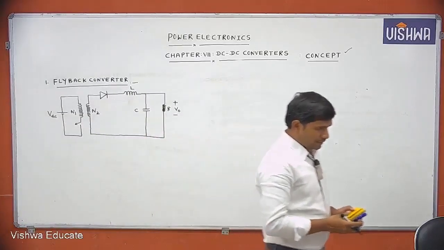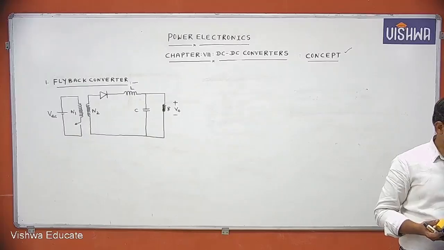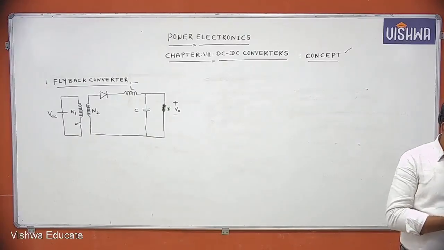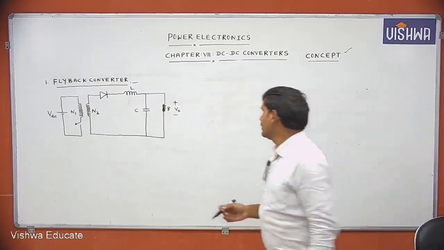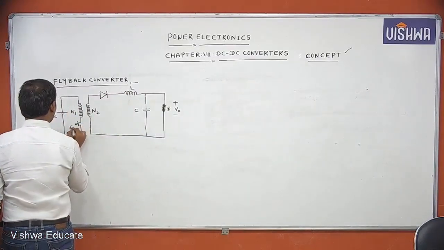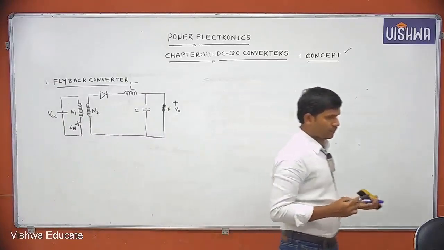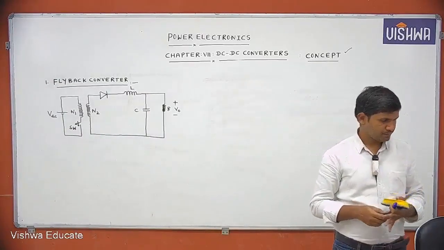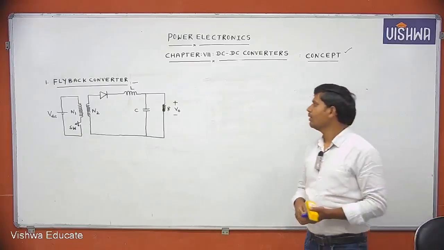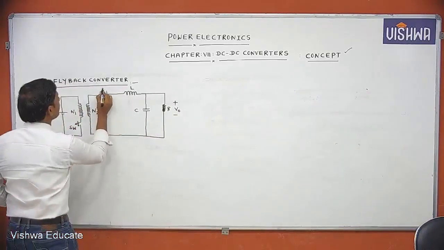Note down quickly. The switch arrangement, with the transformer we are representing. That is, the turns ratio is N1 is to N2.